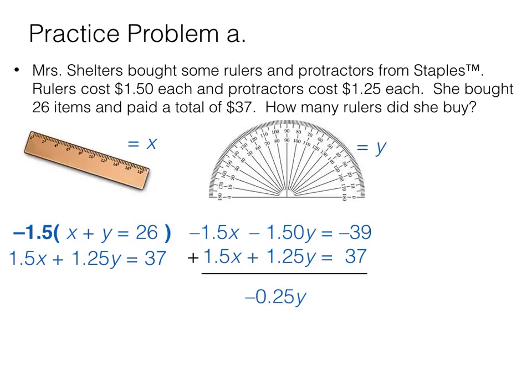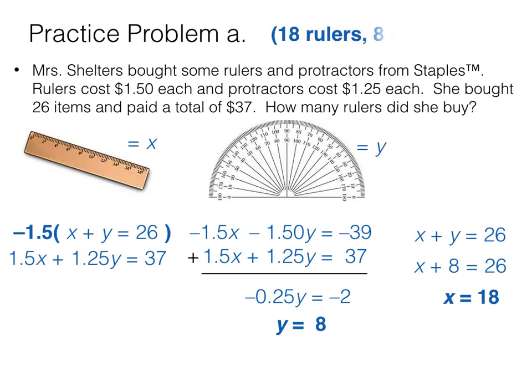We're left with negative 0.25y equals negative 2. To divide by negative 1/4 is the same thing as to multiply by negative 4. So y equals 8. 8 what did Mrs. Shelters buy? 8 protractors, right? She bought a total of 26 items, 8 of which were protractors, so 18 rulers.